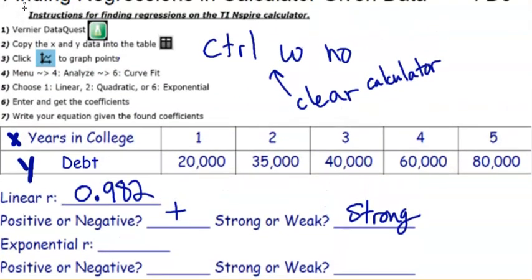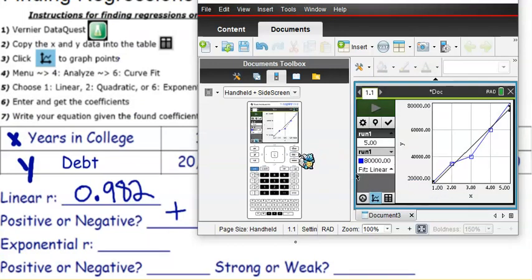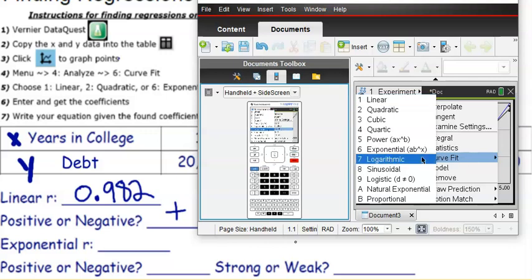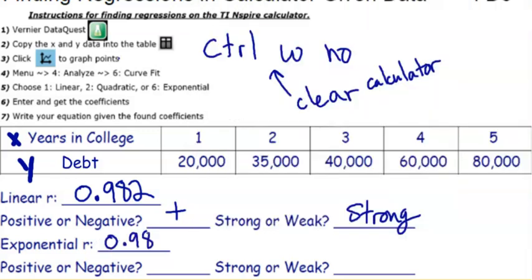Okay, now let's repeat the process with the exponential regression. So we'll click OK. And then we'll go back to Menu, for Analyze, 6 curve fit, 6 exponential. This correlation coefficient is just a little bit stronger. It looks like 0.986. So this is positive and strong.